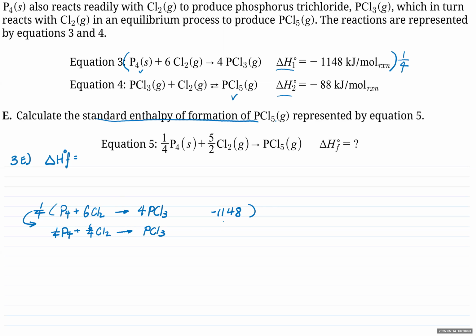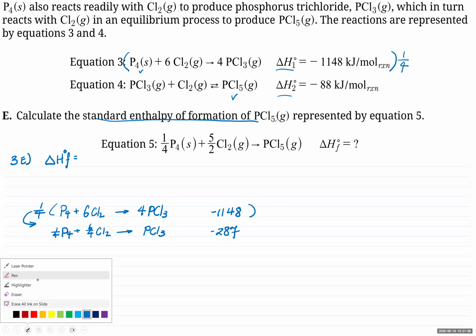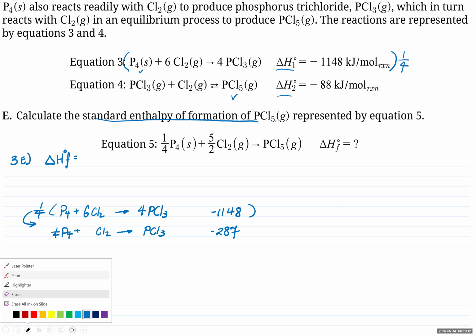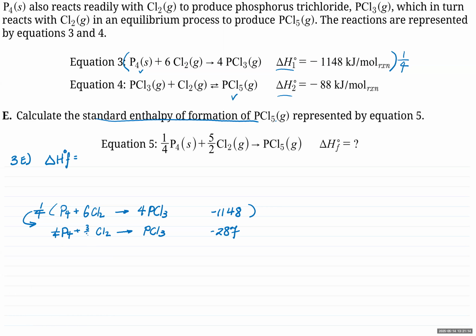And then that value is going to be divided by 4, and that's going to be negative 287. Okay. What else do we know? Well, 6 over 4 is actually 3 over 2, isn't it? So I'm going to write 3 over 2 over here.